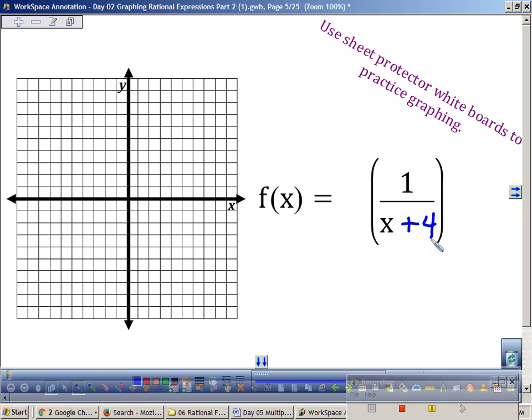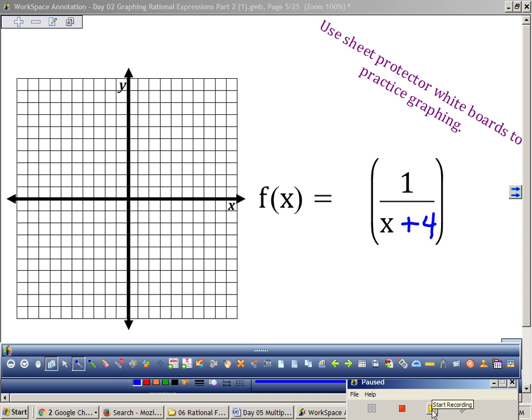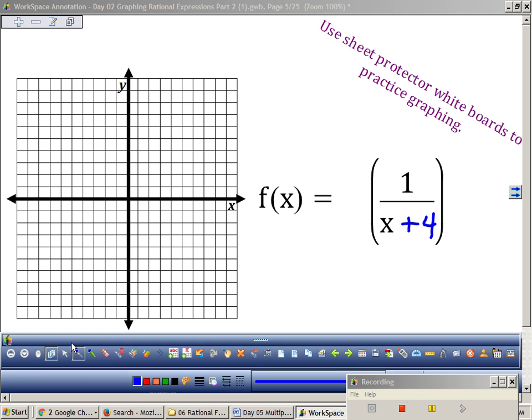Graph that on your green board, please. Okay. So I know that my vertical asymptote, which is right here, is going to be x equals -4.